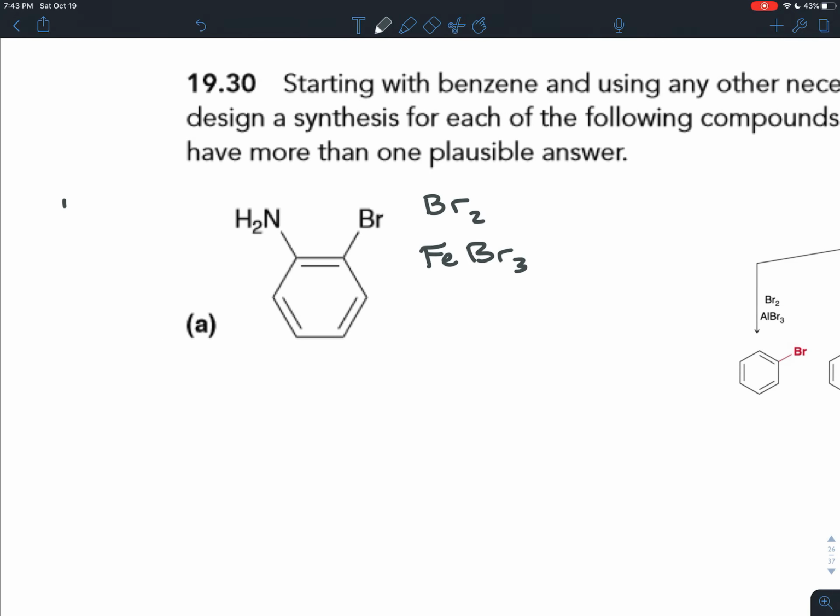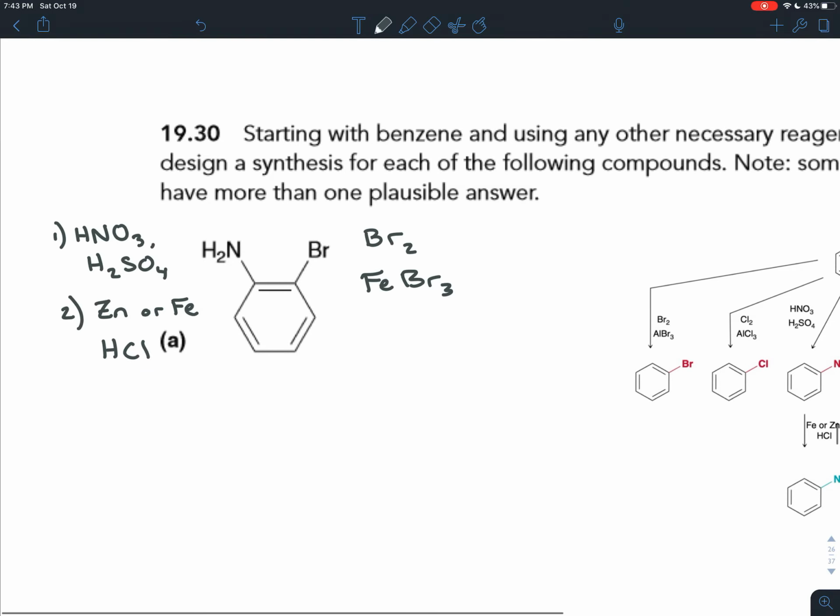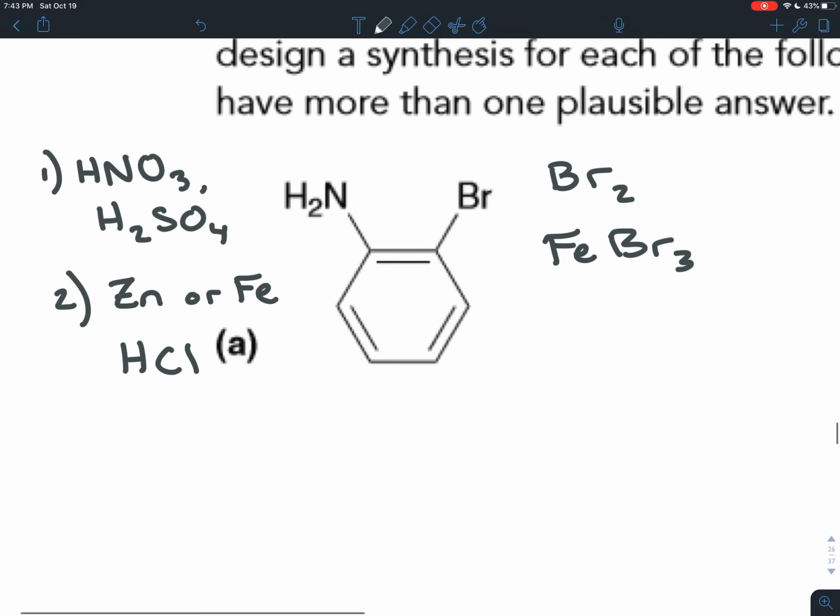Okay, so we would have first nitric acid in sulfuric acid, and second, we would reduce that with either zinc or iron in the presence of HCl. Okay, so those are our recipes.